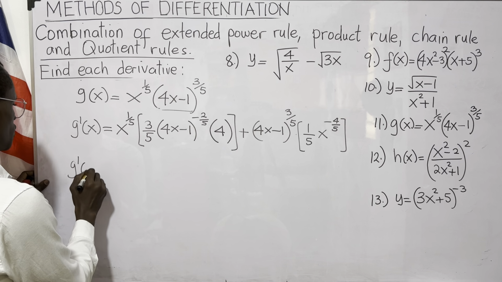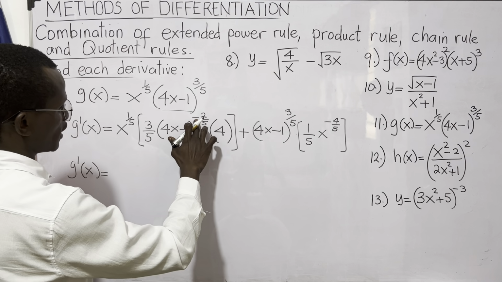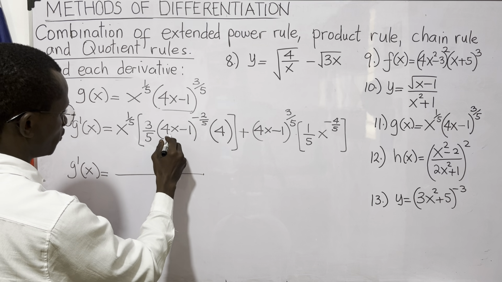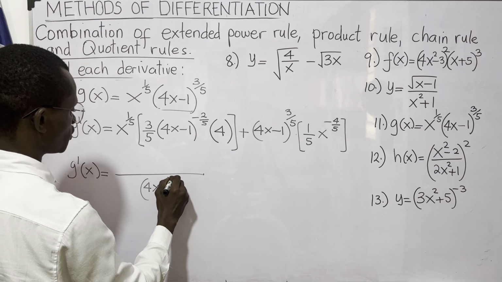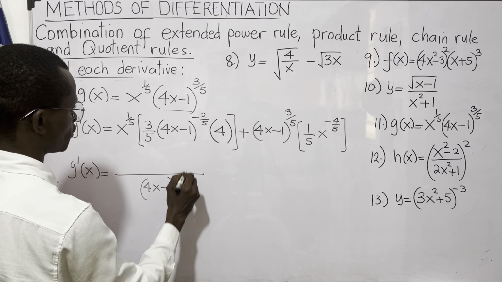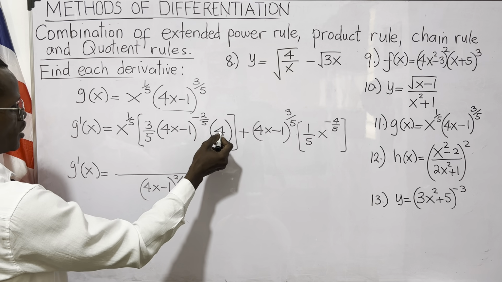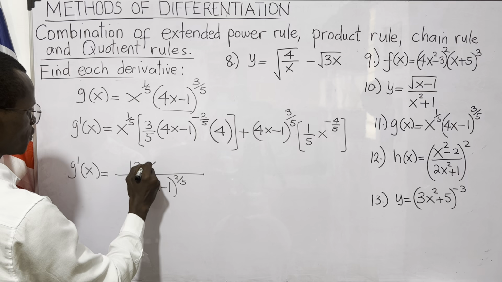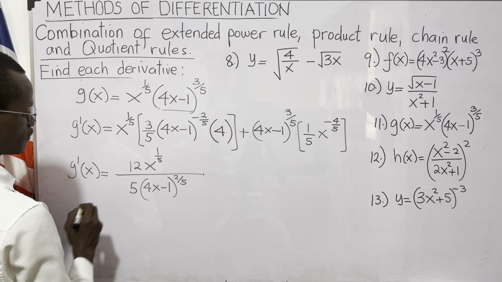So we have g prime of x equals. So we look here, and the negative power, we send it in the denominator now. So it's 4x minus 1 raised to the power positive 2 over 5, because the power is negative, goes down, it becomes positive. So in the numerator, you have 4 times 3, 12. So it's 12x raised to the power 1 over 5. And in this denominator, you also have 5.